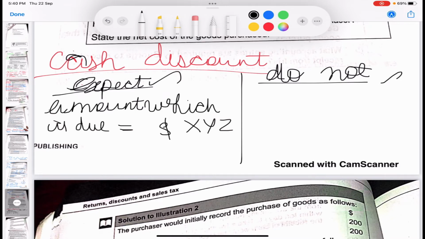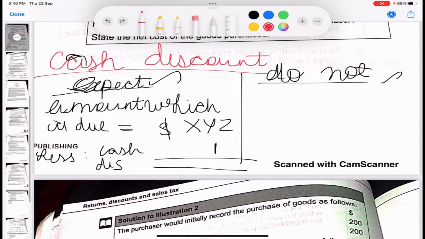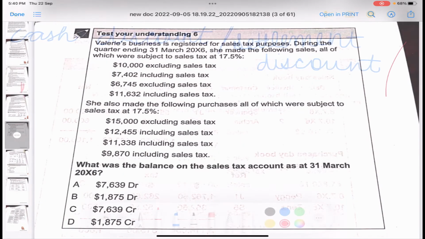This much amount will be due, and we will subtract the cash discount. Let's say it is 1, and the amount which is actually due from the person will be this much. So this is the amount due. What happens when you get the money? When you receive the money, okay, let me explain the same topic on a fresh page with a bigger space, so you will be able to understand.